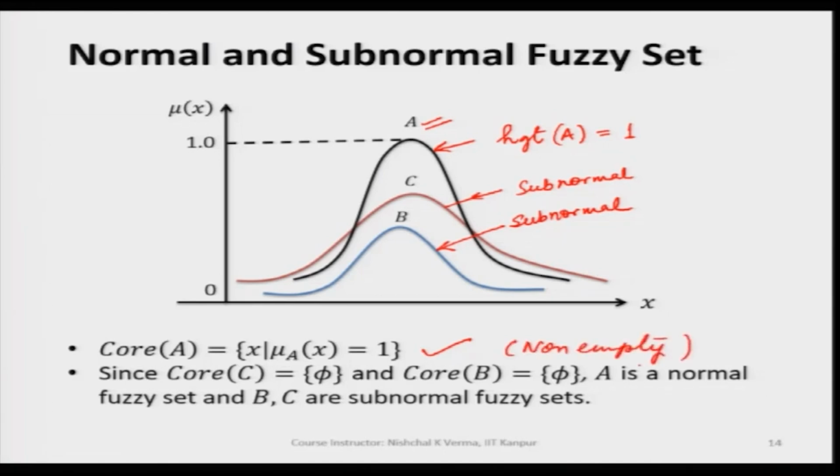Since the core of C is empty and the core of B is also an empty set, both B and C are subnormal fuzzy sets.